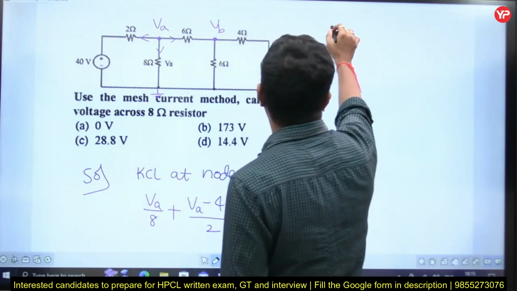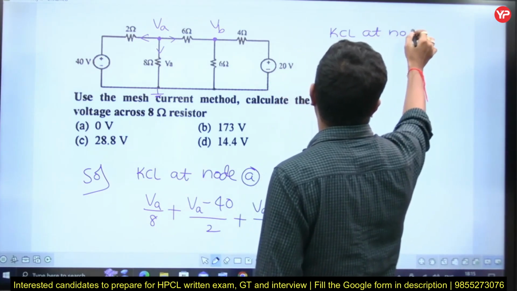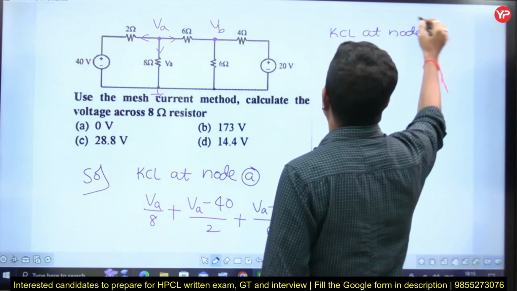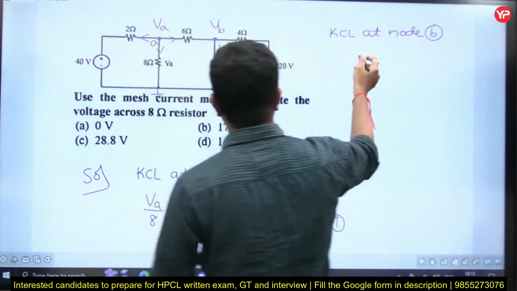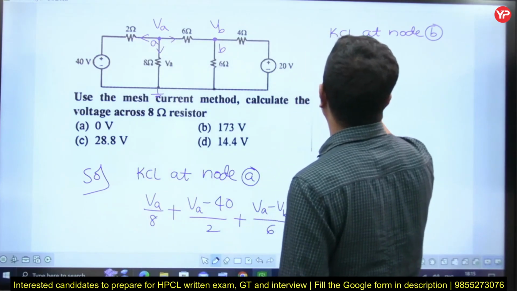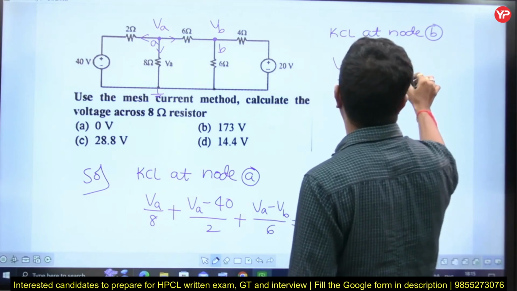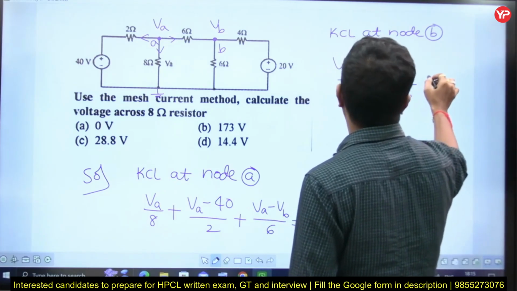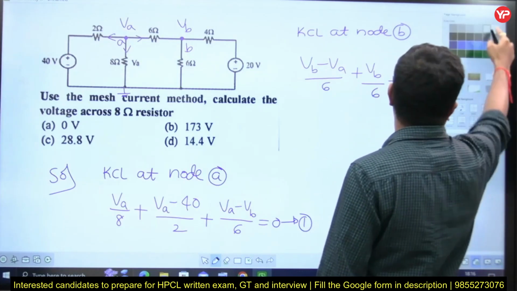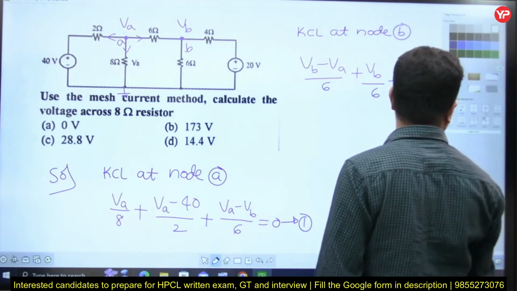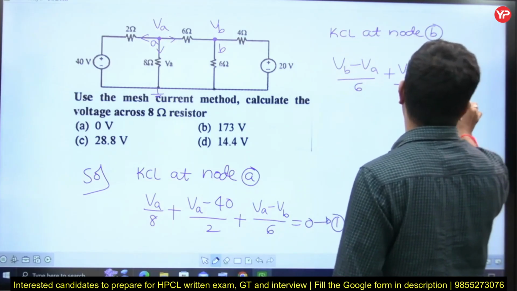Now, in the same way, write KCL at node B. This is node B and this is node A. What is that? (VB minus VA) by 6 plus VB by 6 plus (VB minus 20) by 4 is equal to 0.